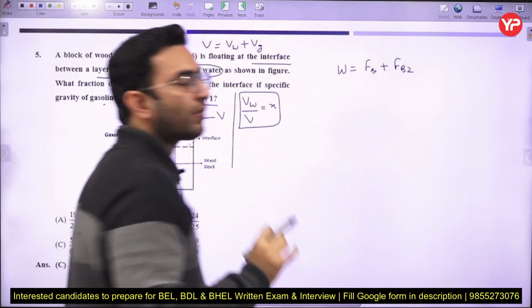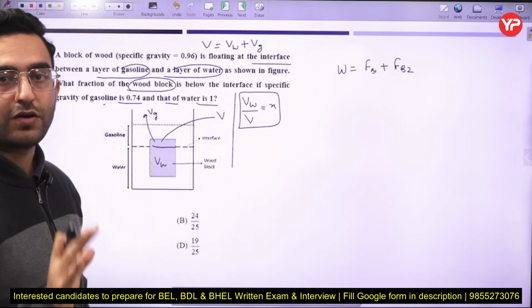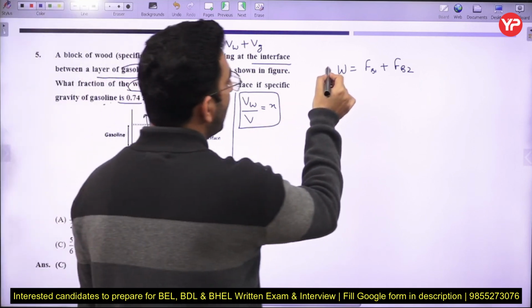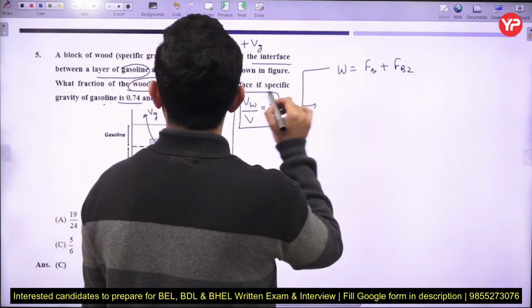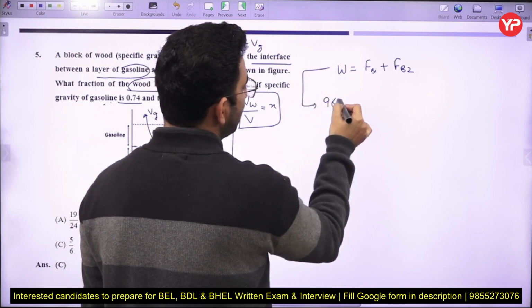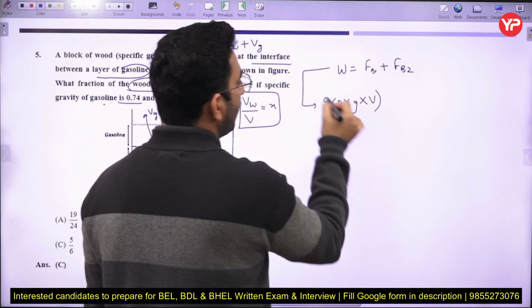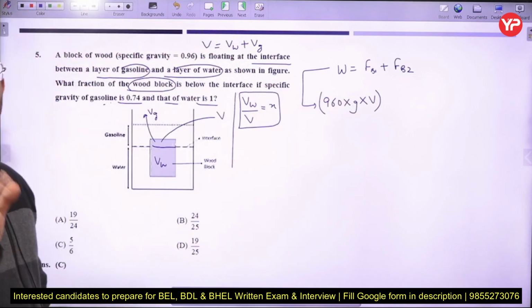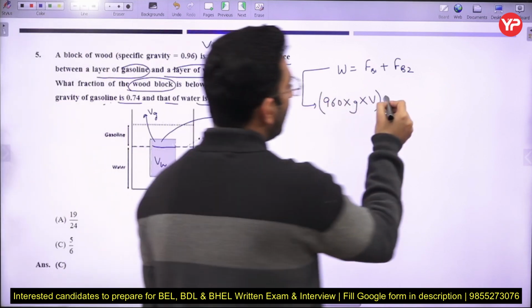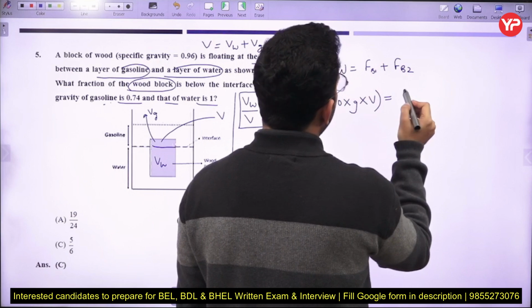The weight of the block can simply be calculated as mass into gravity. So mass into gravity will be 960, that is the density, multiplied by gravity multiplied by total volume. This represents the total weight of the block.